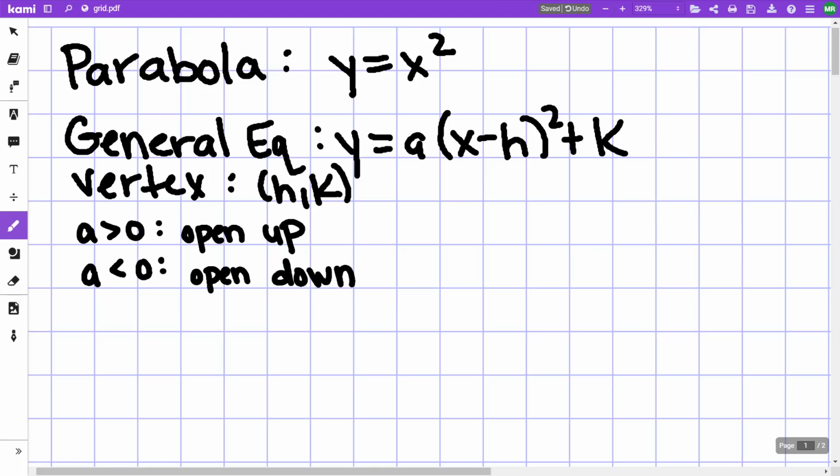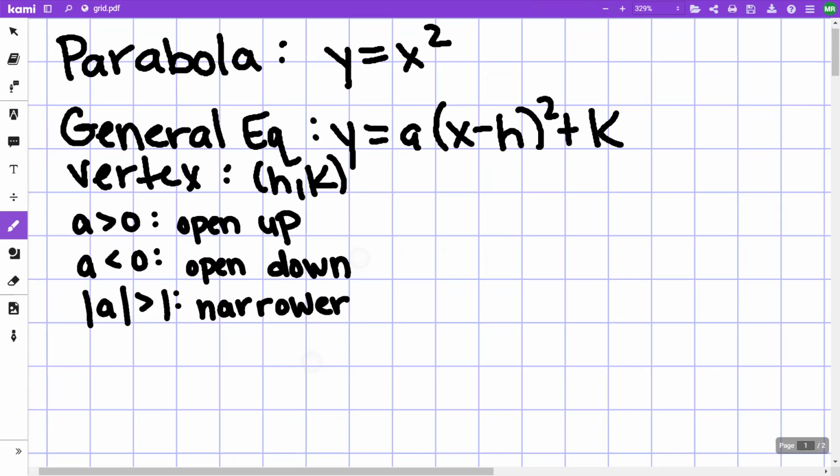Now, also in terms of our a, if our a in absolute value is greater than 1, like a 2 or negative 2, it is going to be narrower. We call that vertically stretched here. I'm just going to write narrower. And if our a in absolute value is between 0 and 1, it's going to be wider.